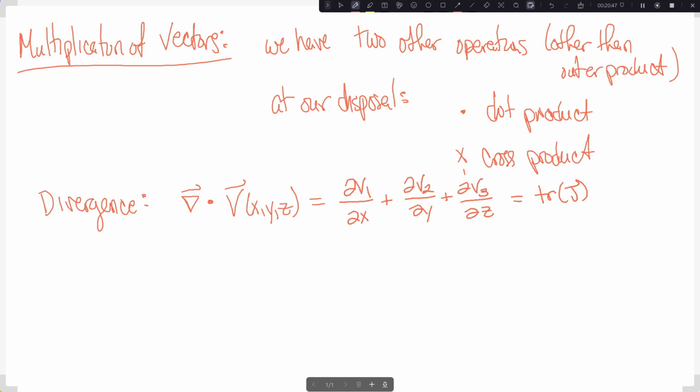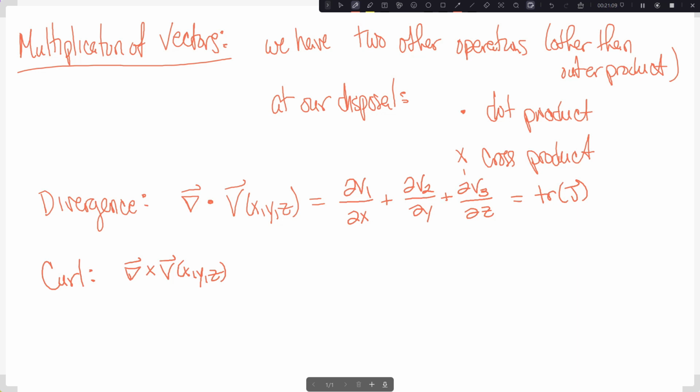But that's where we would calculate the dot product of the two, and then we have what we call the curl, which is the cross product of the two. And I'll show you the definition of the curl in a bit.